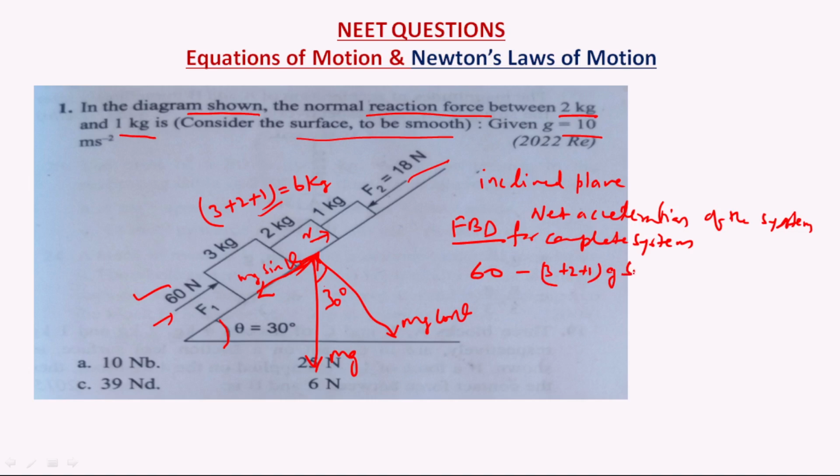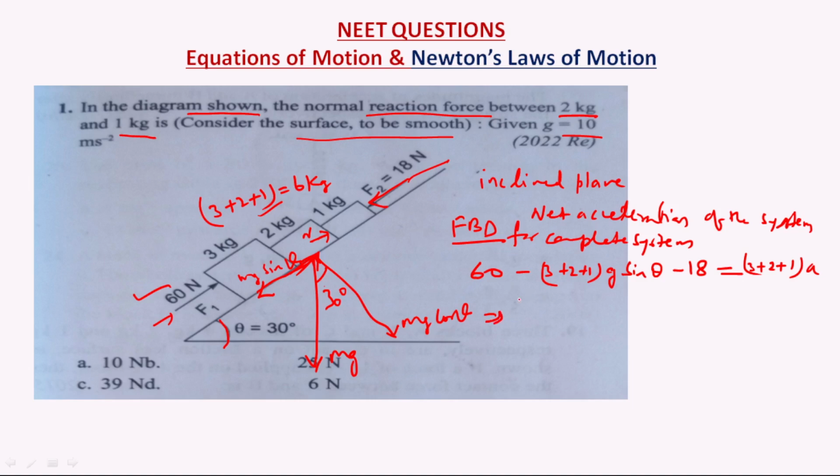In the other direction, 18 Newton is acting, so minus 18 Newton. And this equals the total mass of the system, 3 plus 2 plus 1, into acceleration. So this is the equation formed, F equals ma, equating the forces on both sides.